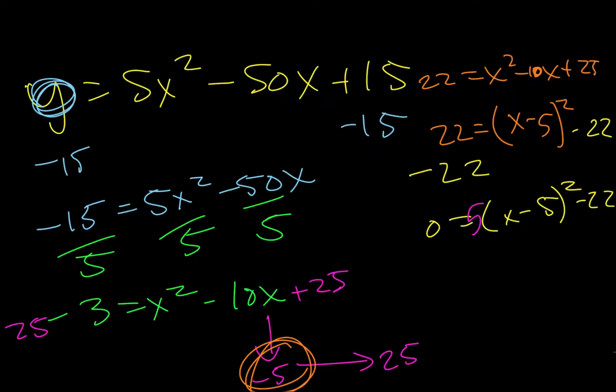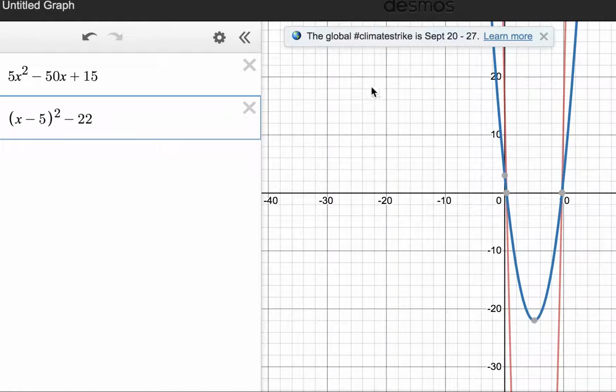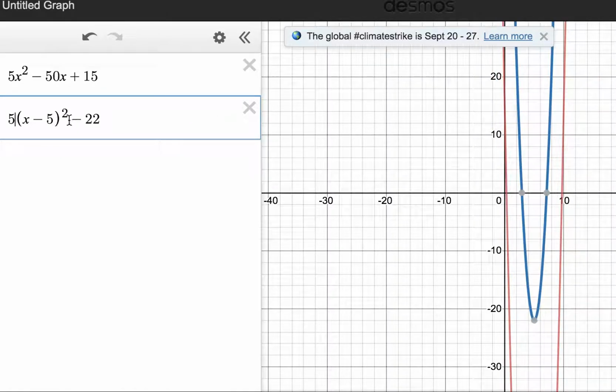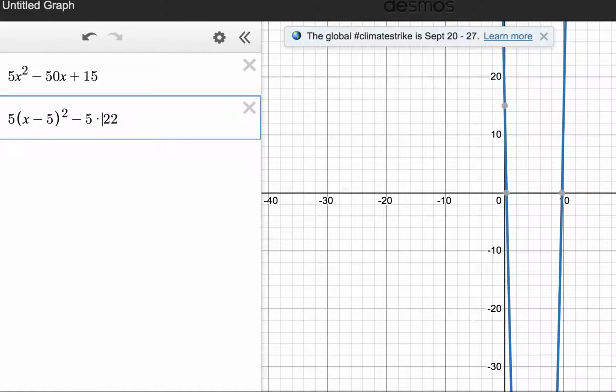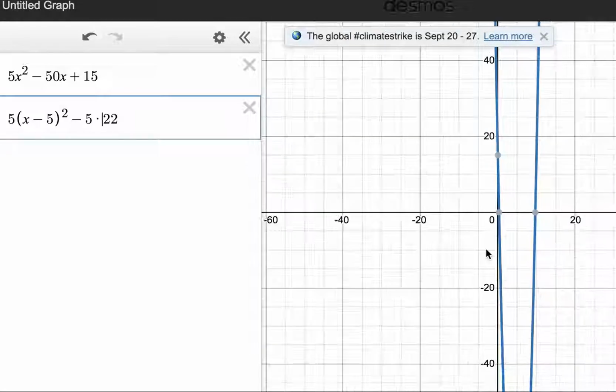So the question is, do we multiply by 5 or do we divide by 5? Going back here, let's test it real quick. So I know I want a 5 there. And so do I do 5 times? Yeah, that's what I need to do. So I need to also multiply that by 5.